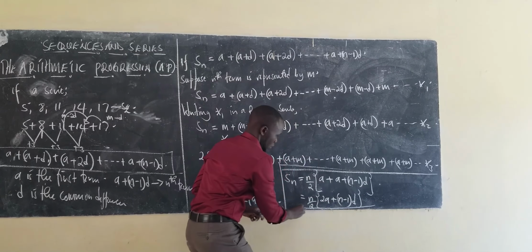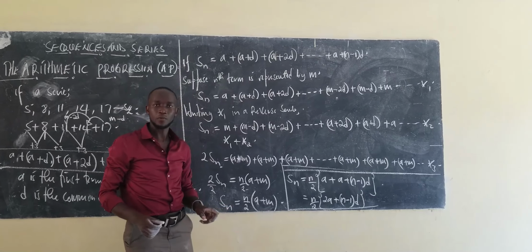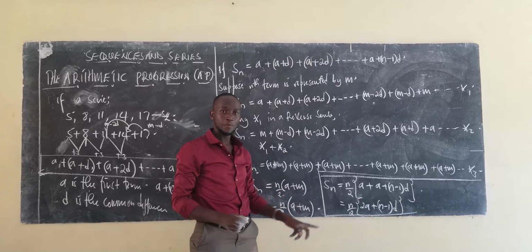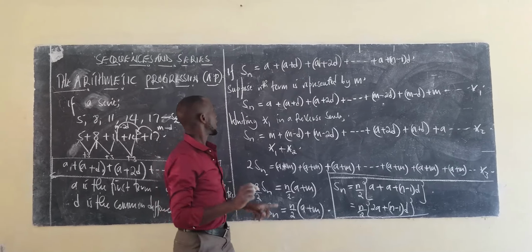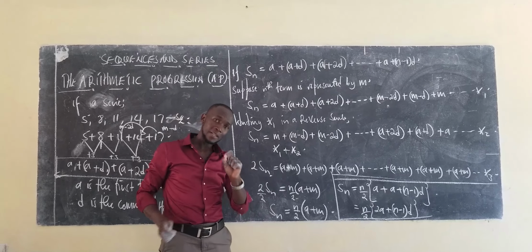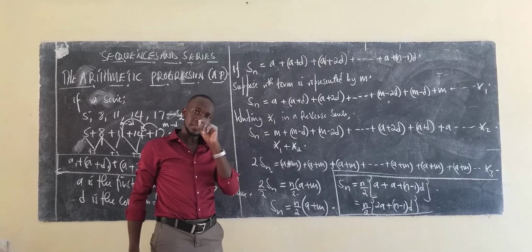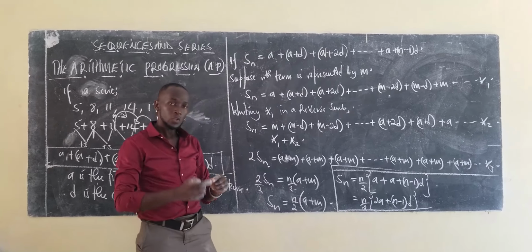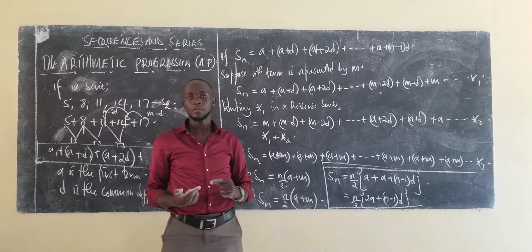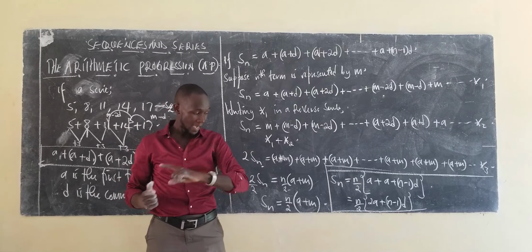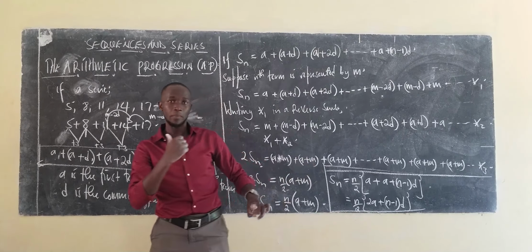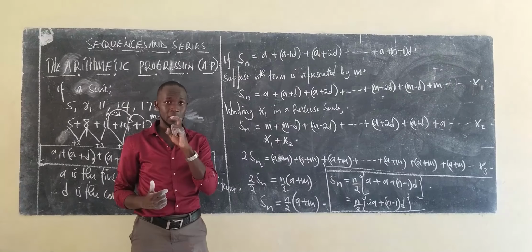So wherever you're asked to find the sum of the first n terms of an AP, remember an arithmetic progression, we say it is a series where to obtain the next value or the next term, you add a constant quantity on the previous one. That one is an arithmetic progression.